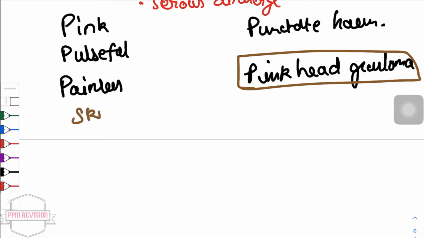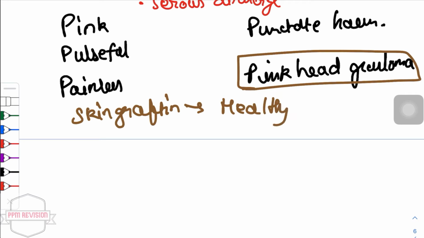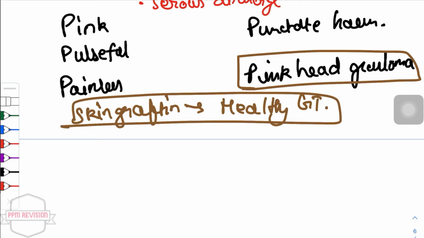Skin grafting takes place in healthy individuals with healthy granulation tissue, and with respect to this, the streptococci growth should be less than 10 to the power 5 per gram of tissue before skin grafting.